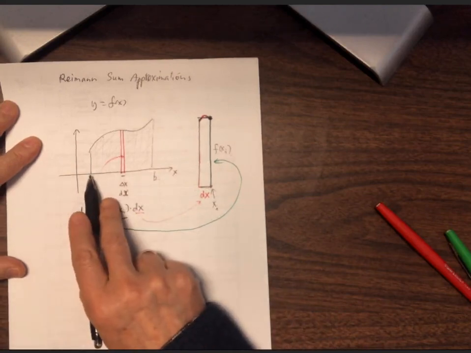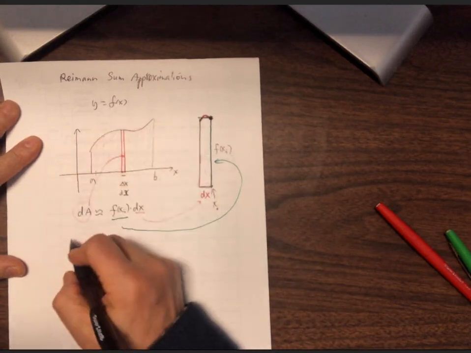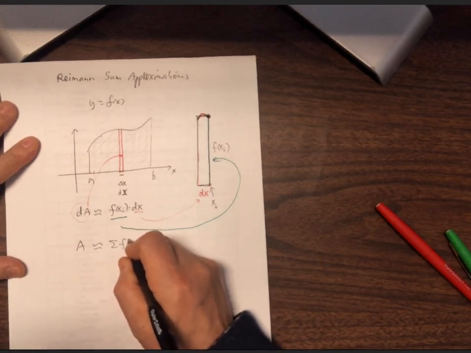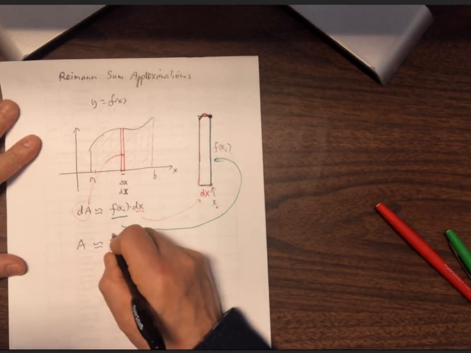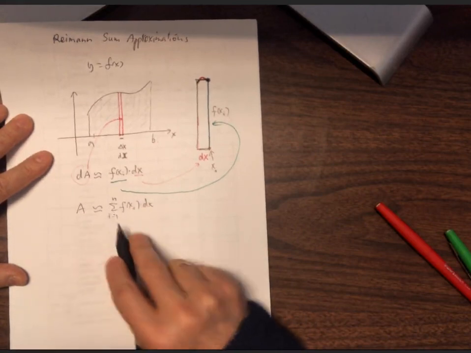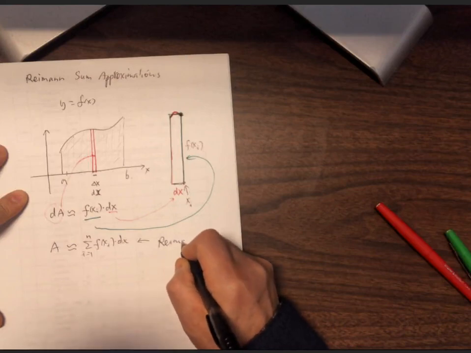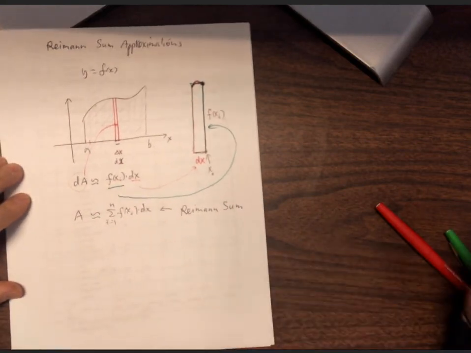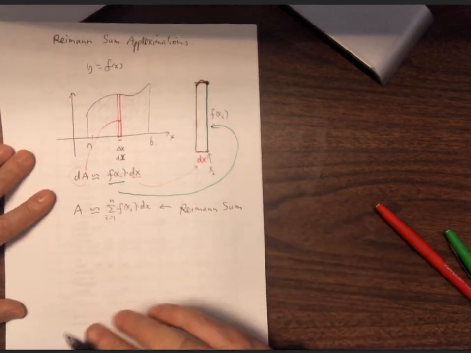Now there are n strips because we divide into n parts. So the total area would be approximately equal to the sum of these products, i from 1 to n. And this sum is what we call the Riemann sum. This is one type of a Riemann sum. Now there are many different types.